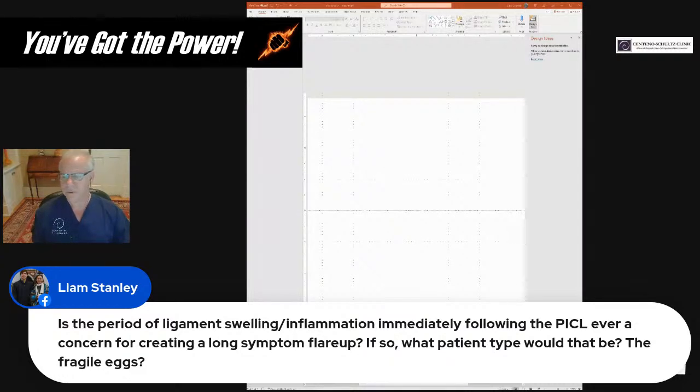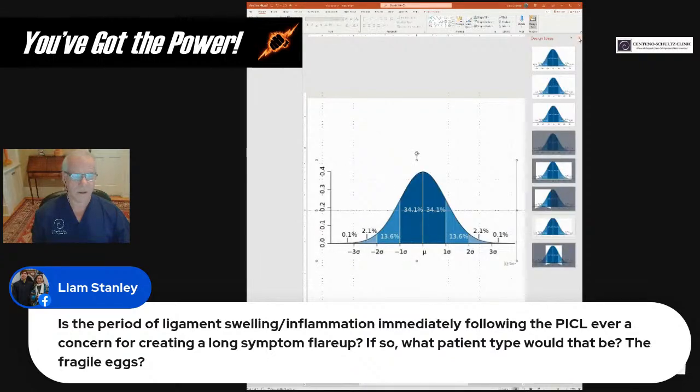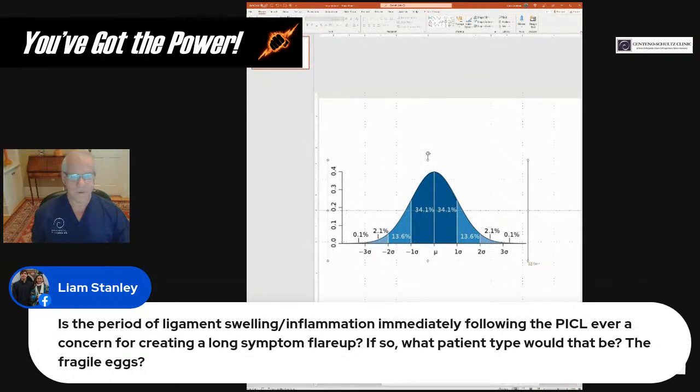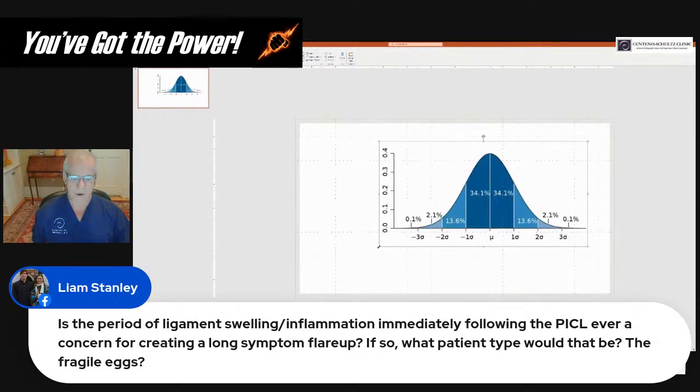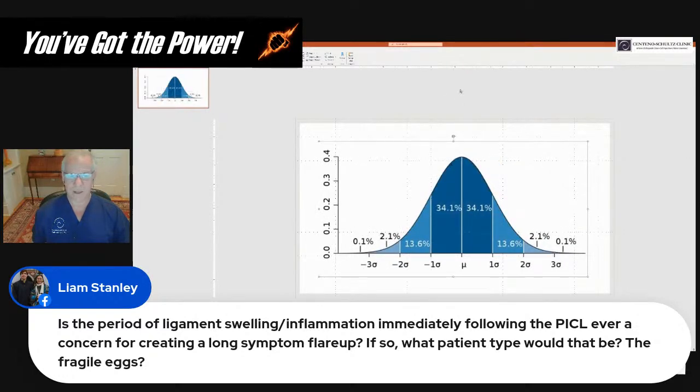So let's get to the classic bell curve here. A classic bell curve, you may remember from high school or college, looks something like this, where you've got most people living in the middle, and then you've got people out on either tail.